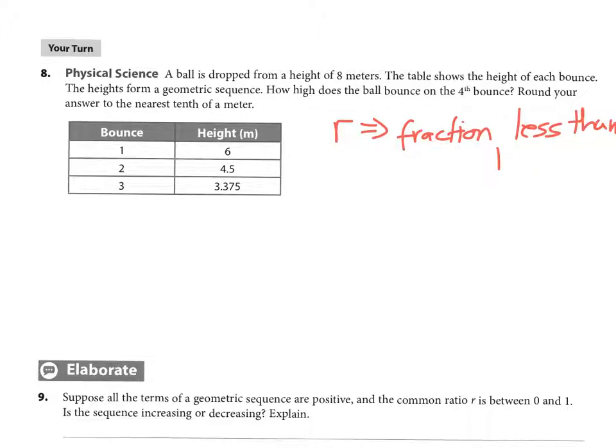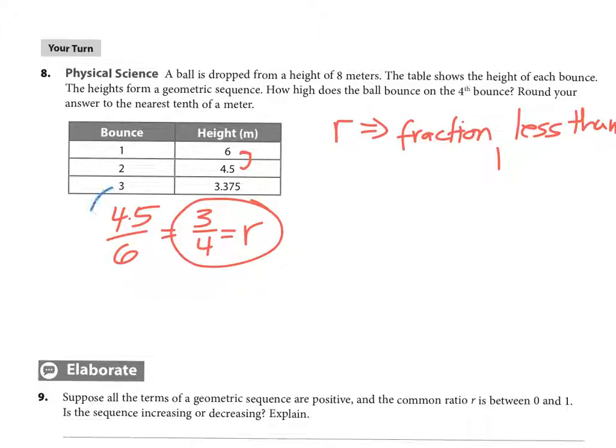So again, how do we do that? We take the second term and divide it by the first term. So 4.5 divided by 6. If I do that on the calculator, that gives me 3/4. So that's my r. Now I use that to find the fourth bounce, which is just the next term in the sequence.